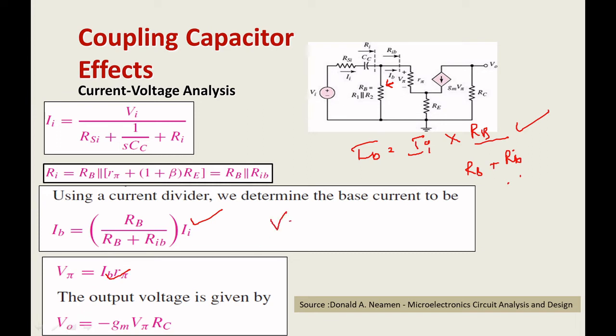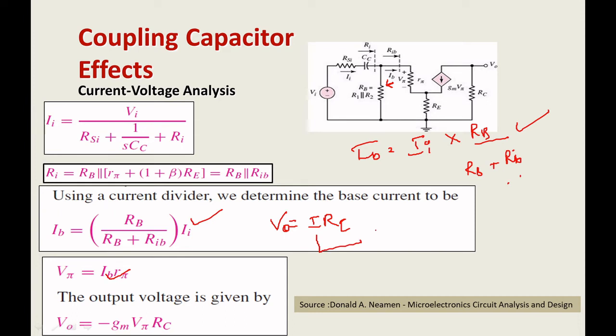We know the output voltage, as explained in many slides: V naught equals I into R. When you find the output resistance, you short circuit this VA, so V pi becomes 0 and GM V pi also becomes 0. You have only the resistance RC, the output resistance RC alone.